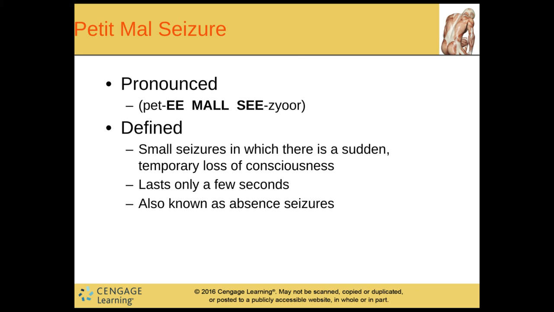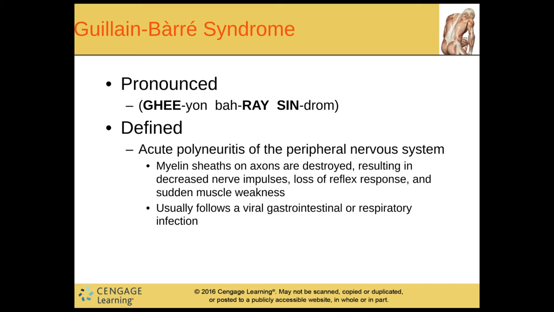Sometimes they'll just space out and look off into the distance, or their foot will move while they're just out of it. Sometimes that's what these petit mal seizures are characterized as.